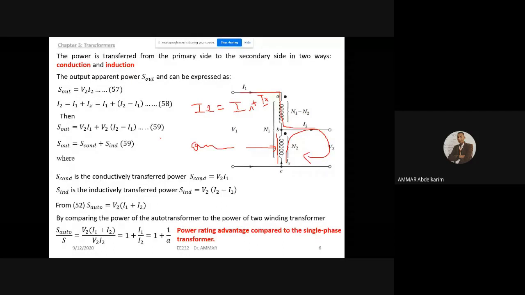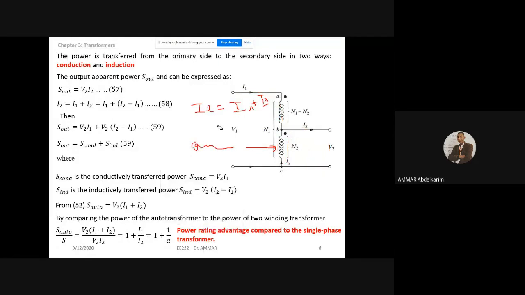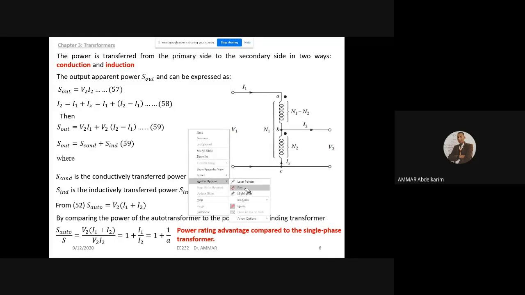So here the current came in two ways. The first current came directly, and the second current has been induced or created because the voltage has been induced. So when we want to calculate the output power of the autotransformer, S out, it's the secondary voltage times the secondary current, V2 times I2.